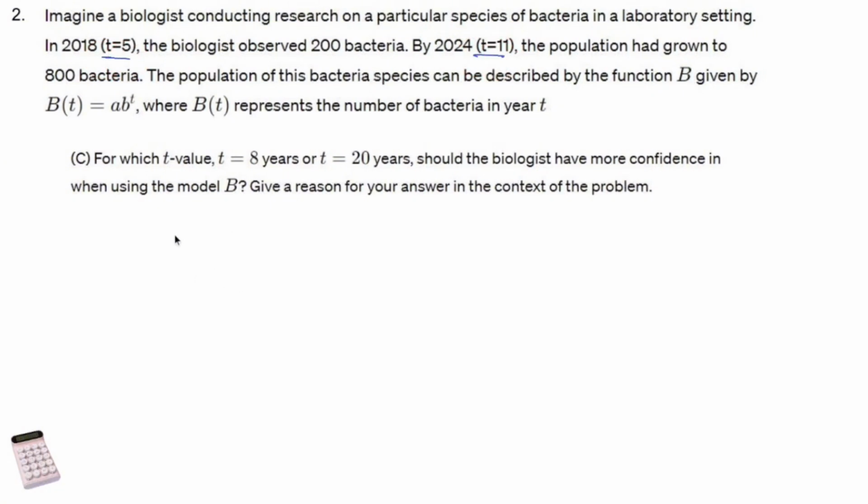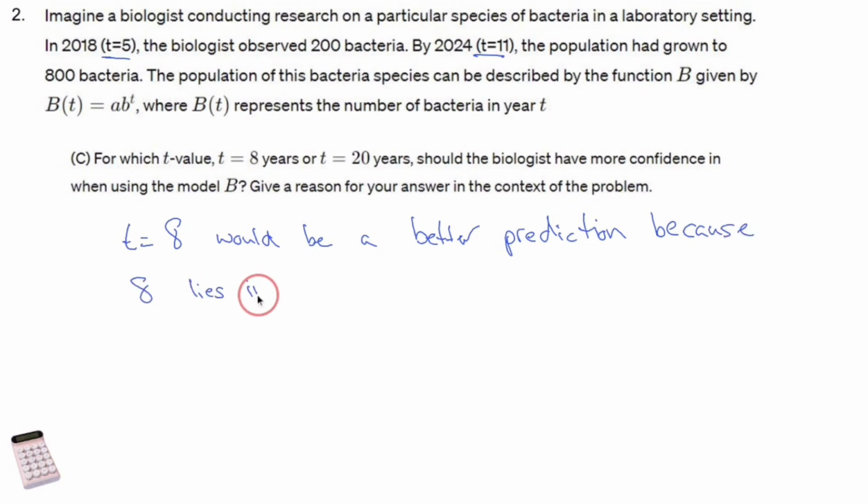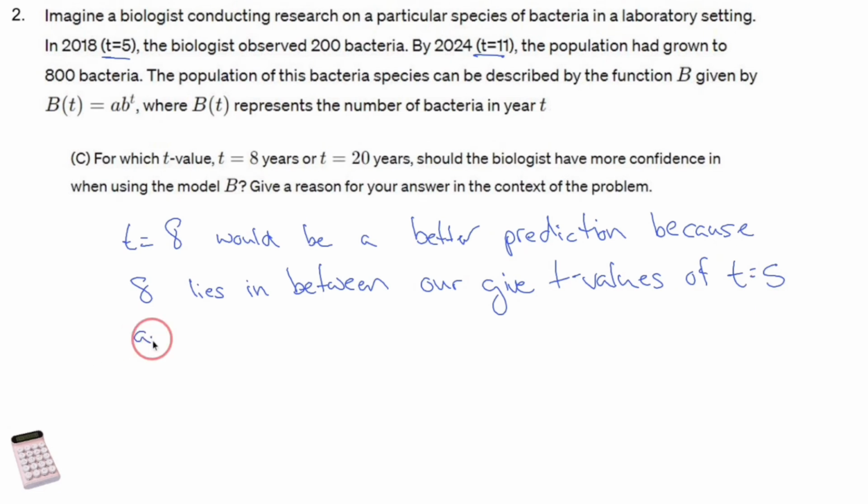So it's going to be clear that t equals 8 would be a better prediction because 8 lies in between our given t values of t equals 5 and t equals 11.